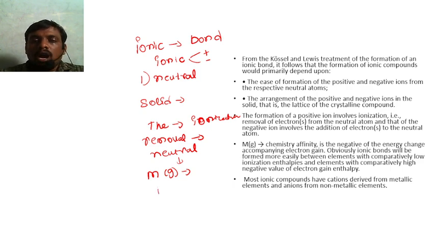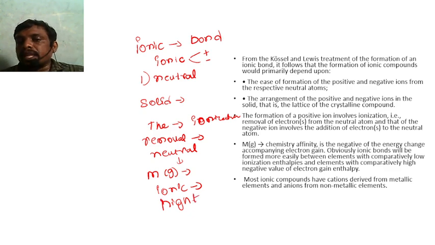Obviously, ionic bonds will be formed more easily between elements with comparatively low ionization enthalpy and elements with a comparatively high negative electron gain enthalpy. Because of this, ionic bond formation is very common.